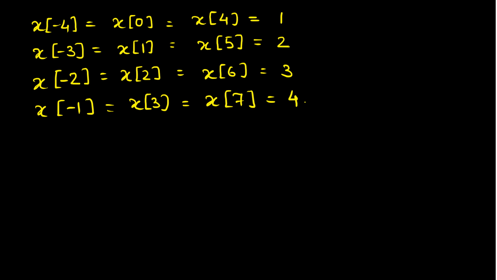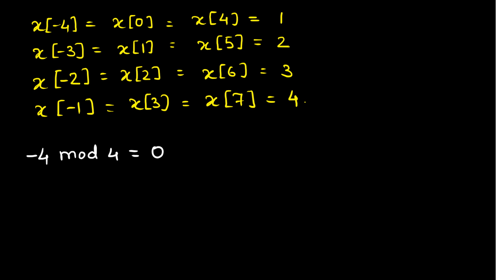Now we just need to observe the domain values of all these things and consider the modulo operation with respect to n. So what we need to find is the mod of this domain with respect to n, and we have the value of n as 4. If we look at minus 4 mod 4, it would be equal to 0.